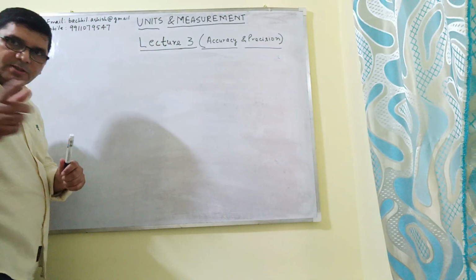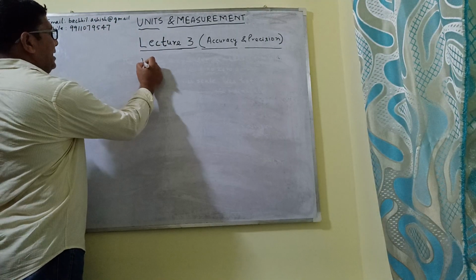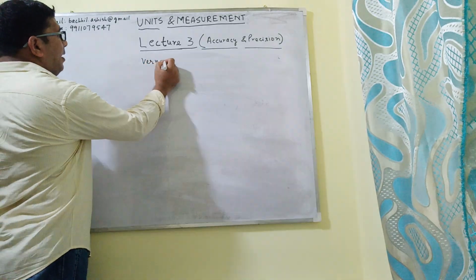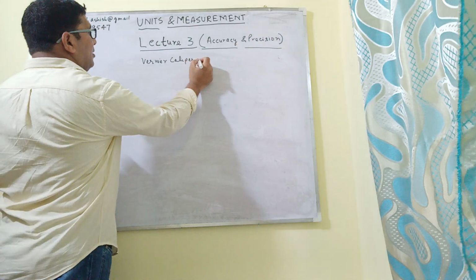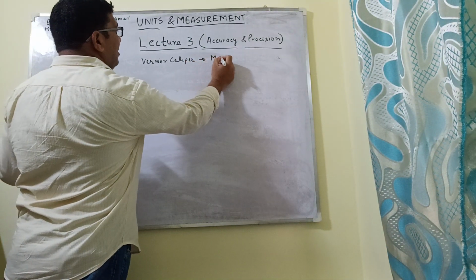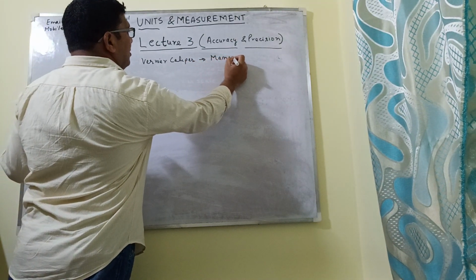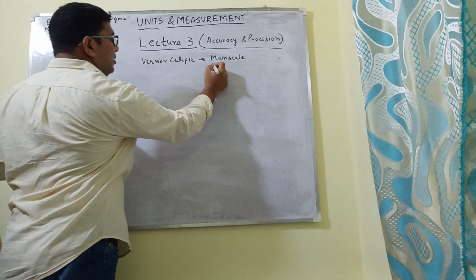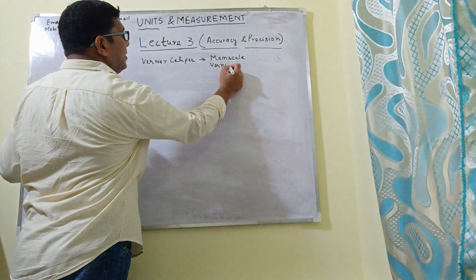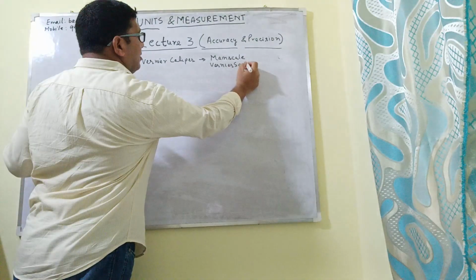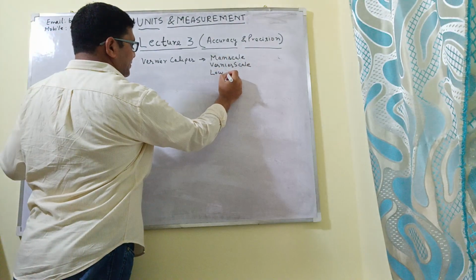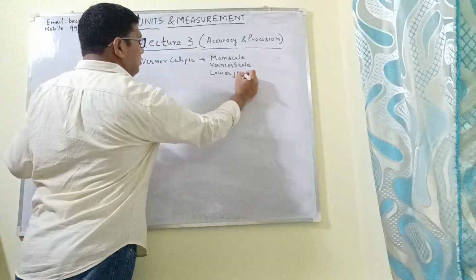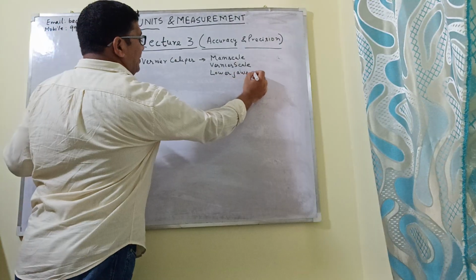So in short, in brief, a vernier caliper consists of a main scale, vernier scale, lower jaws and upper jaw.